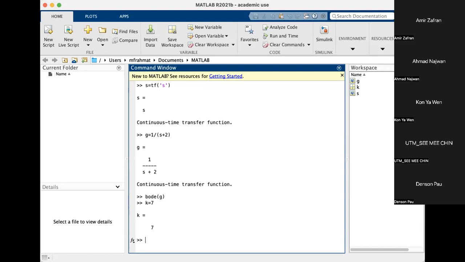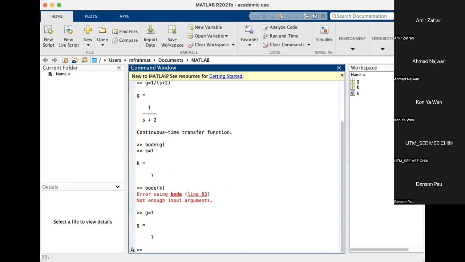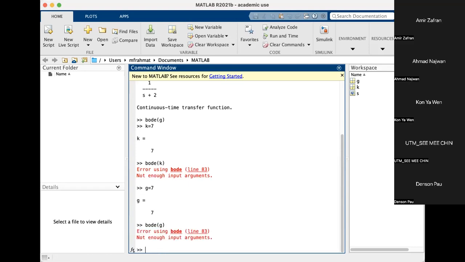So, both K. Okay. Oh, tak boleh, eh? Oh, okay. I understand. G is equal to 7. Okay. So, both G. Oh, also cannot. So, constant is like this. Okay. Let's say K is equal to 7. 20 log 7 berapa?